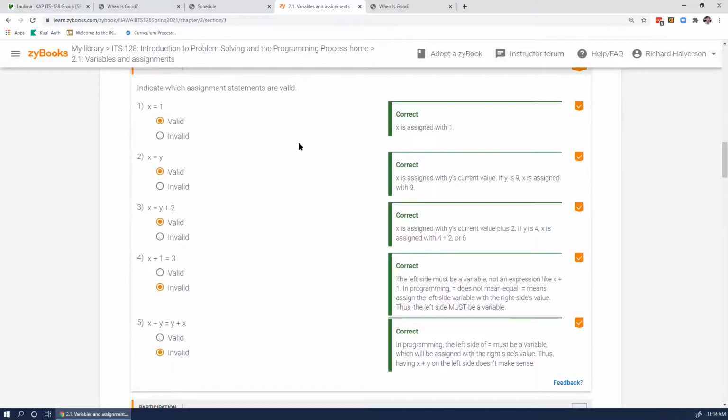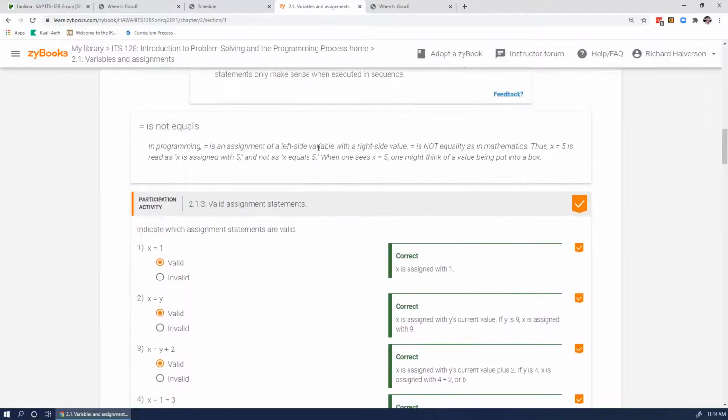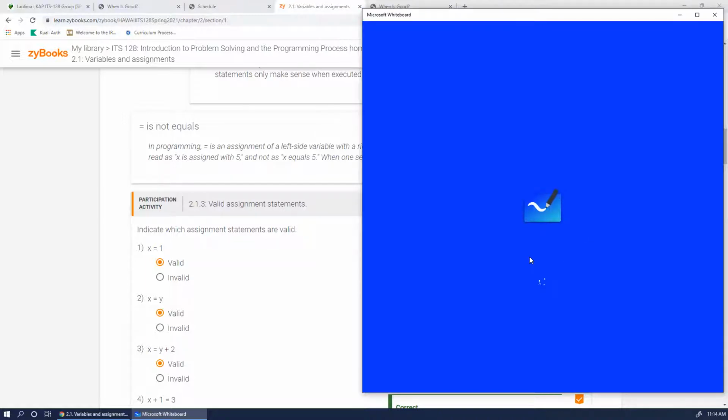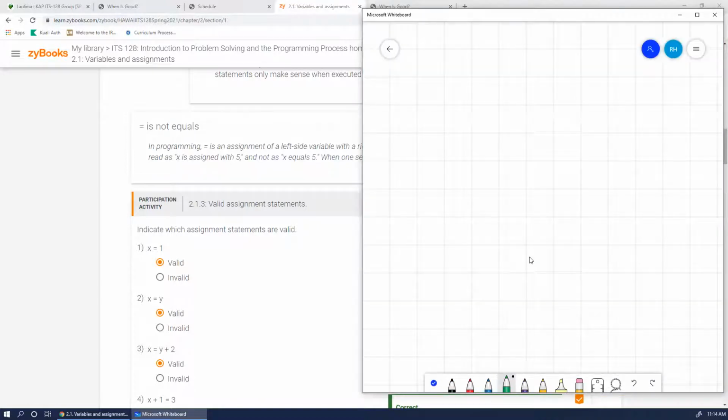By the way, in other languages, it's not an equal sign. In Pascal, for example, Pascal was the ICS111 language, and probably the language for ICS128 back in the 90s.